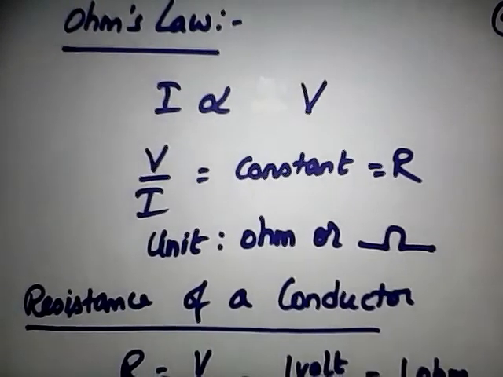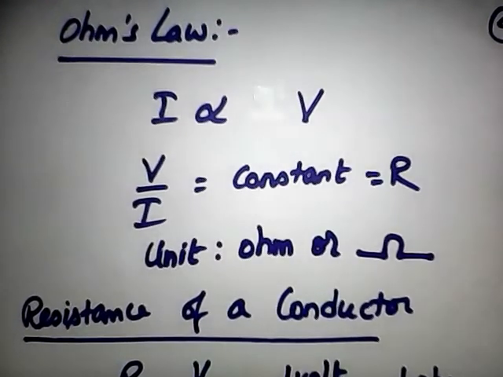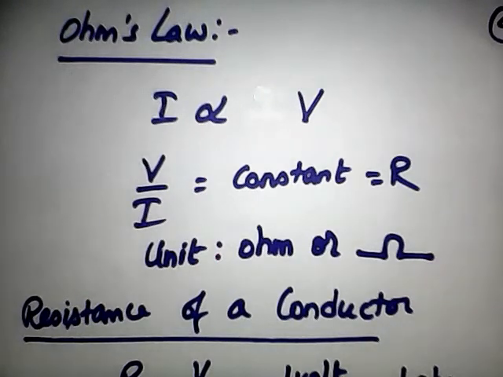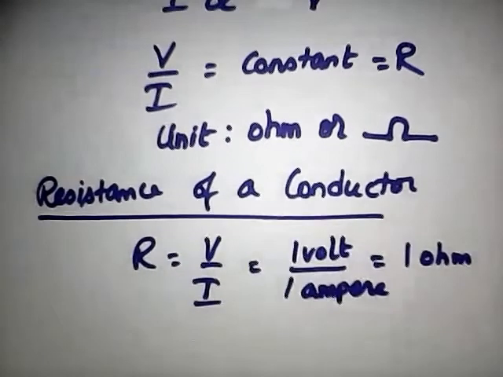Next one is, what is Ohm's law? Ohm is a scientist. He found out that current is directly proportional to voltage. So V by I is equal to a constant, which is nothing but the resistance of the material. What is resistance? When we send current through a conductor, a potential difference is created.